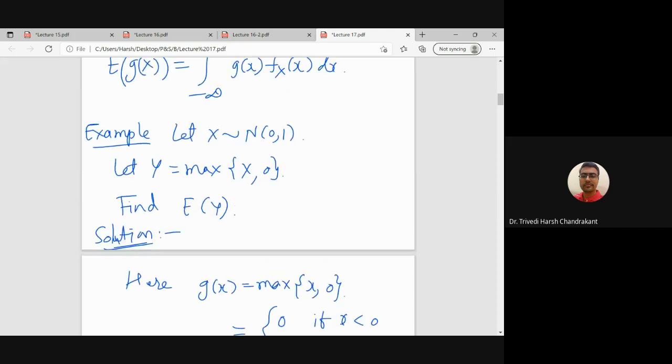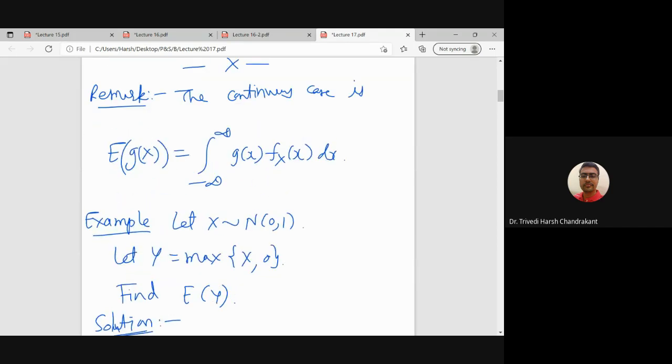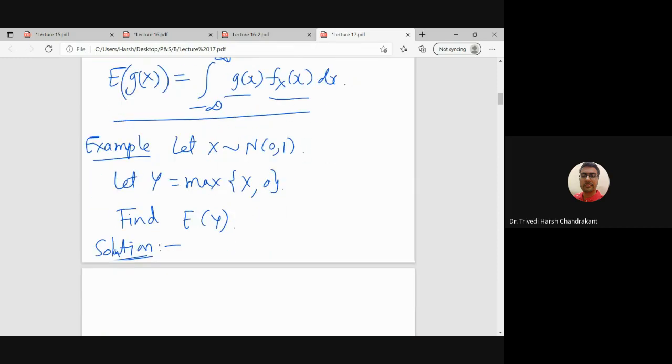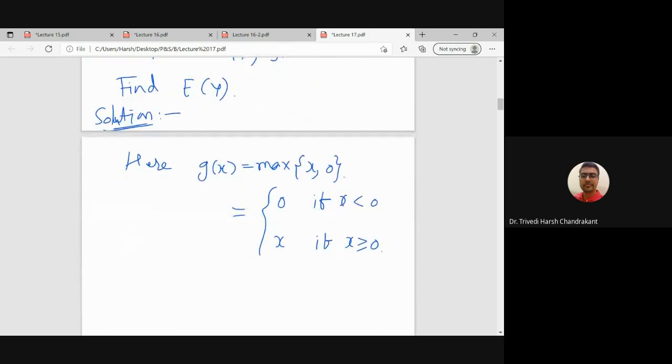So this is our g(x) function. Why are we finding g(x)? Because we need to substitute in this formula. So first we need to find g(x), and the second thing is the probability density function. We already know the density function of the normal random variable, right? That is 1 upon square root 2 pi e power minus x square by 2.